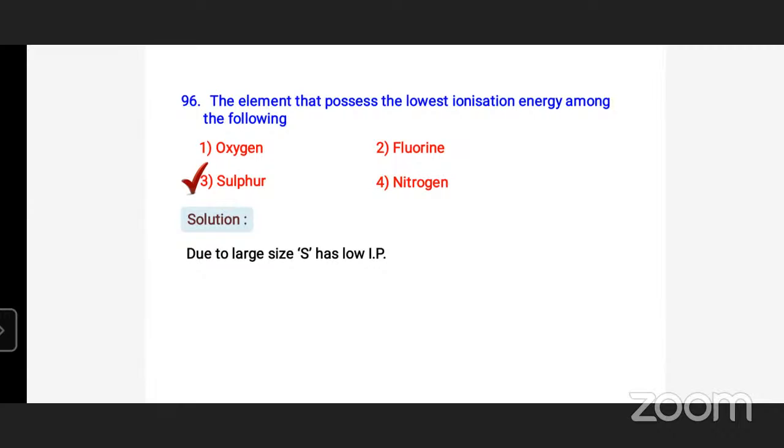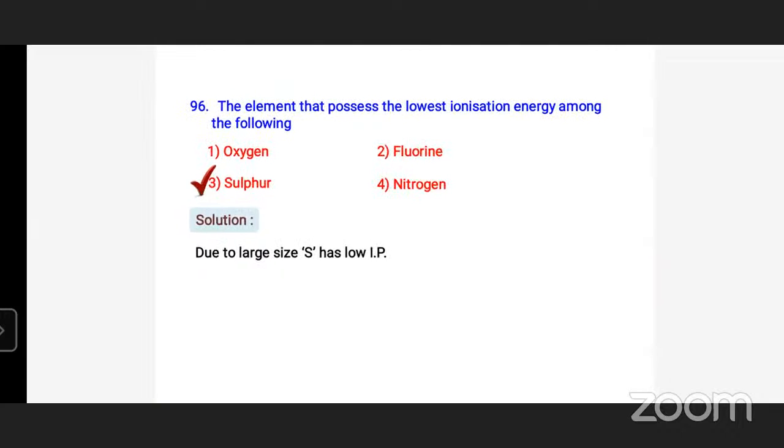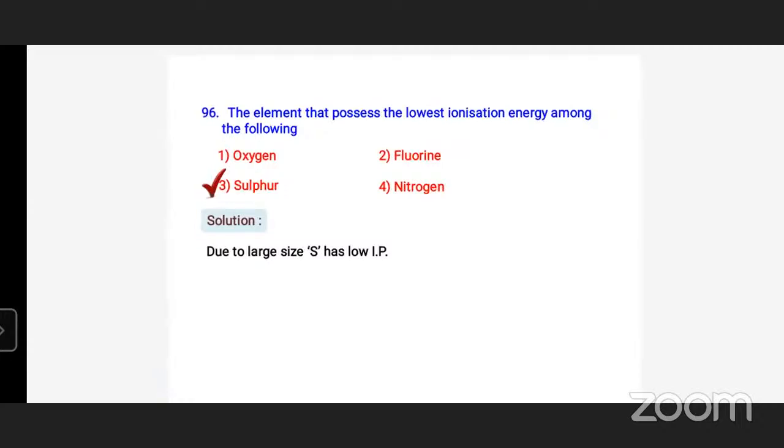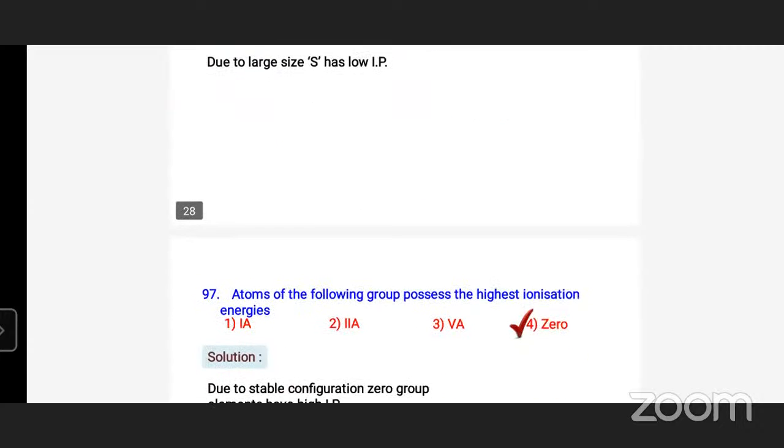Sulfur is of larger size than oxygen, fluorine, and nitrogen. So the large size of sulfur gives it lower ionization energy than the other three options. So the third option is the right option. Right. Next question.